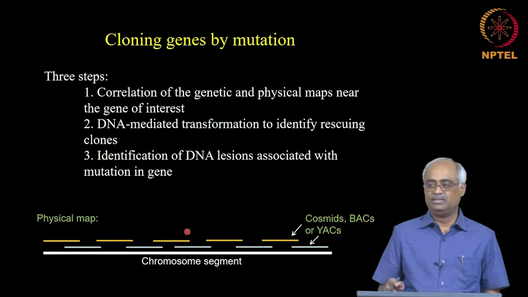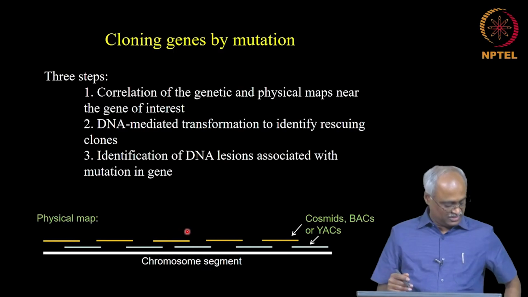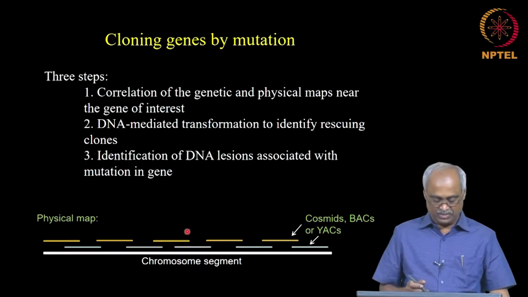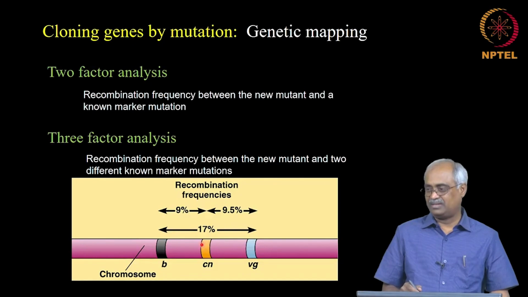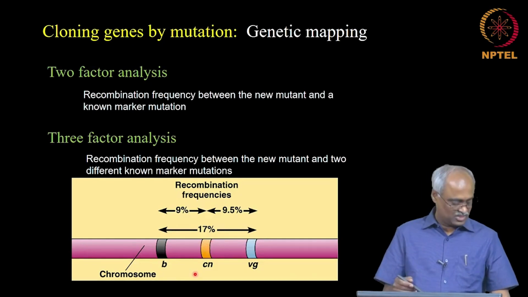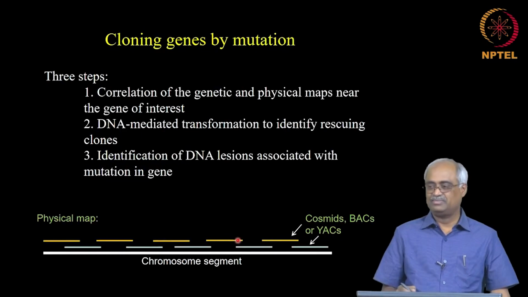So is this clear? Now in our mapping approach, what we do is we jump from this, knowing that it is 9 map units to the right of black. From there, now you need to jump to this, where in this cosmid that map unit 9 is.